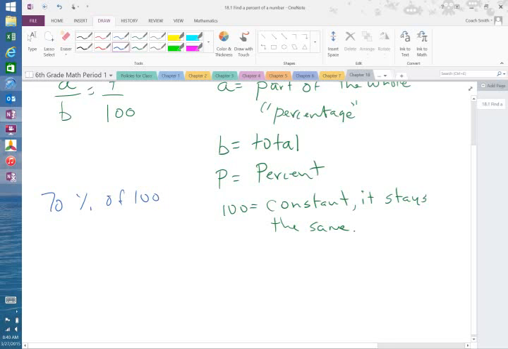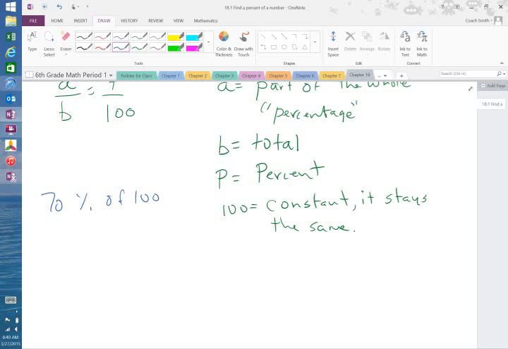That's a fairly simplistic problem, because we've really already covered it in Chapter 17 where we talked about ratios and percent to the 100, things of that nature. But I want to use this simpler one to plug into our proportion.